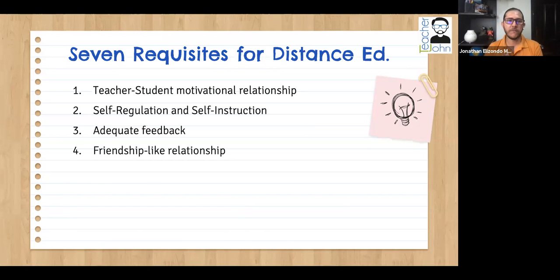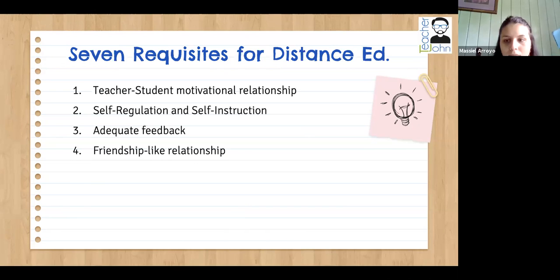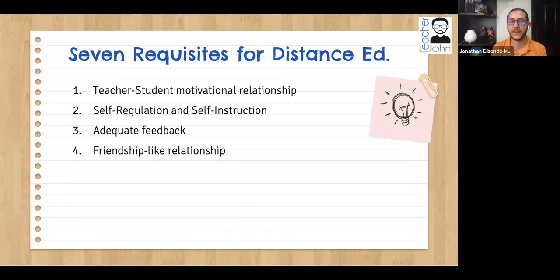As requisite number 4, friendship-like relationship. Now, here I don't want you to get distracted with the part of friendship. It's not that we need to become best friends with our students or with our teachers, because there is a saying, and I think it was, if I'm not wrong, Chomsky or Brown, the one who said, if you want to become a buddy, you become a nobody.